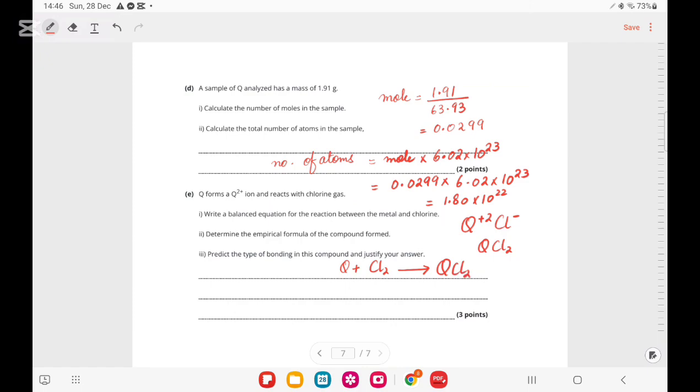And determine the empirical formula. So the empirical formula is also QCl2, and if they want to find the type of bonding, then it must be ionic bonding, as Q is a metal from group 2 since it has a 2+ charge. So this is all about it.